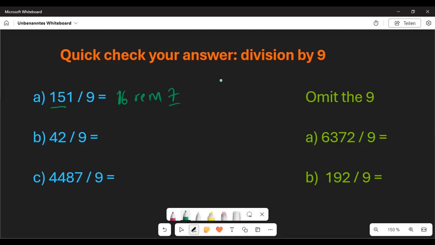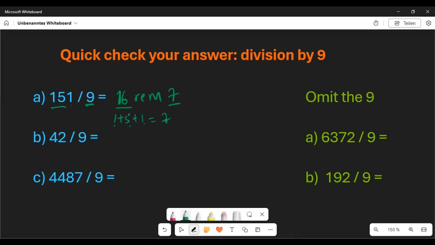So since we divided 159 by 9 and got 16, the remainder is the same as the sum of the digits 1, 5, and 9. Let's check: 1 plus 5 is 6, plus 1 is 7.